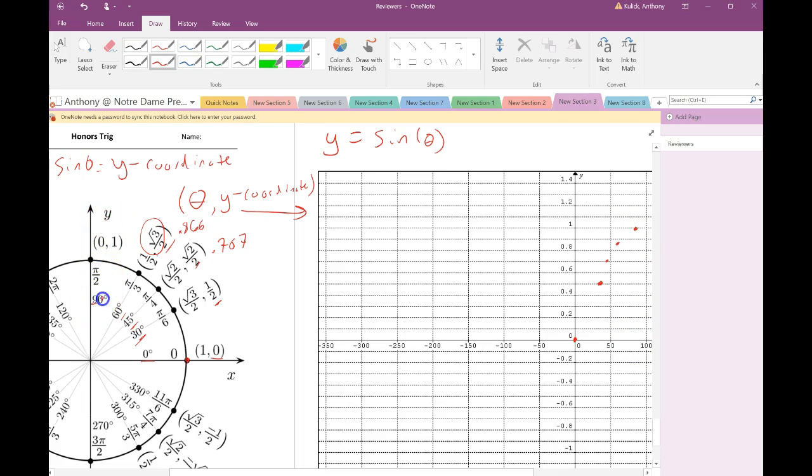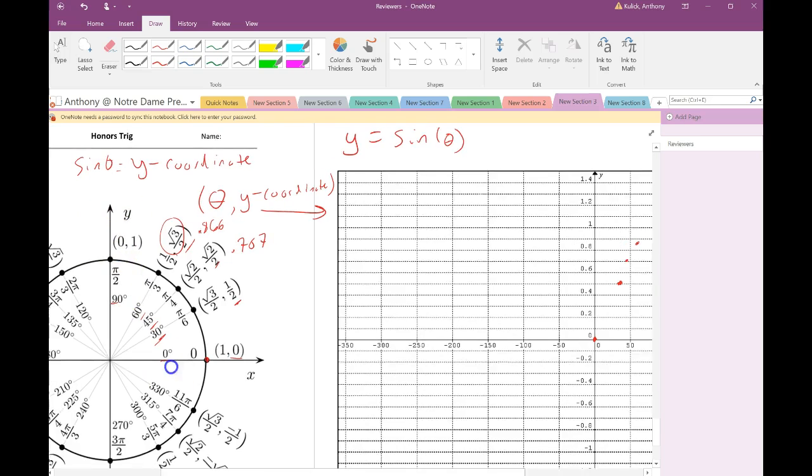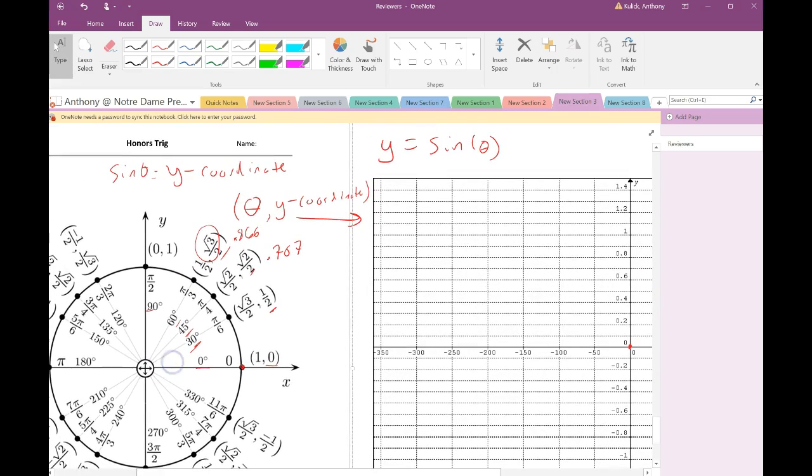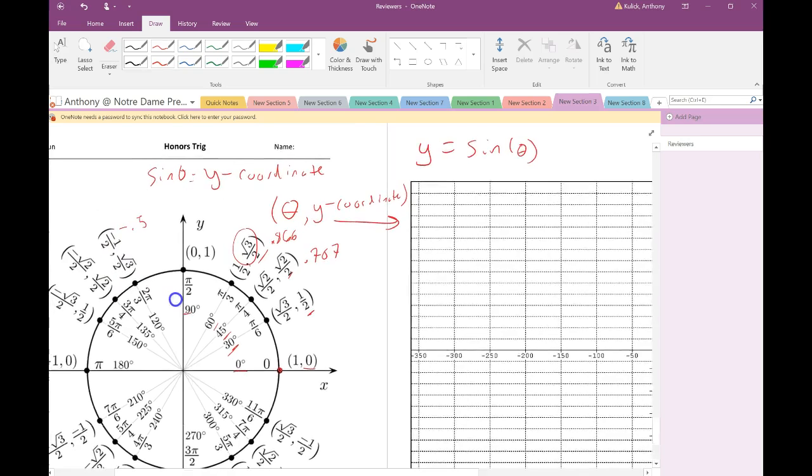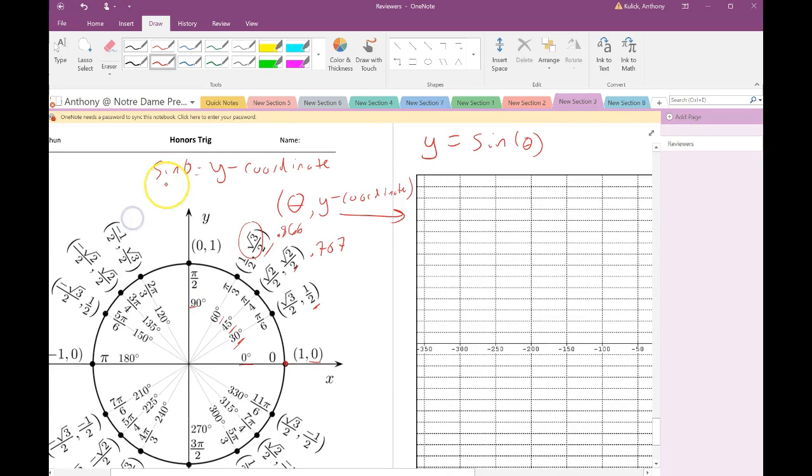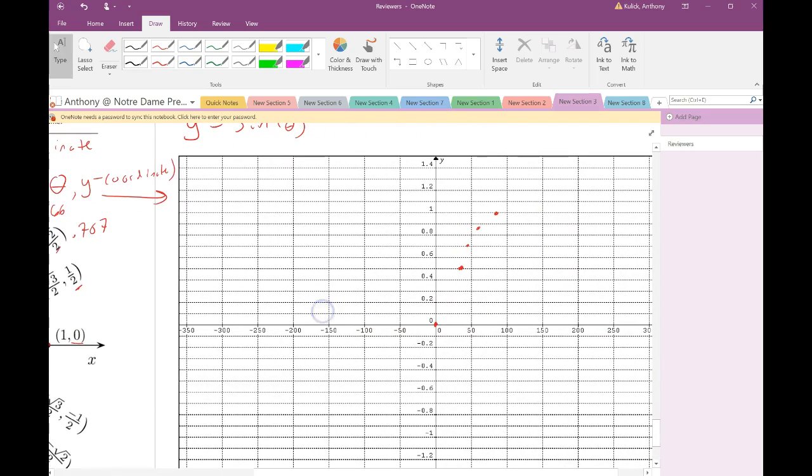So that's to here now. So I move over. So I have 120. And then we have negative a half. Oh, we're doing y coordinates. Help me out here. So that's 0.866, 0.707, and then 0.5, and then back to 0. So we have 120, which is probably here.